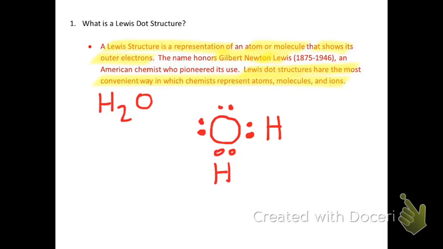Now, the dots that you see here represent electrons, more specifically valence electrons from the outer shell. Now, there are 2 types of dots. The dots that you see in between the oxygen and the hydrogen are known as bonding electrons.